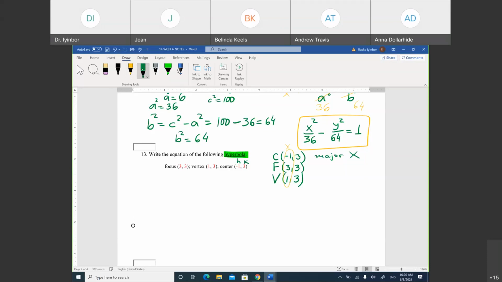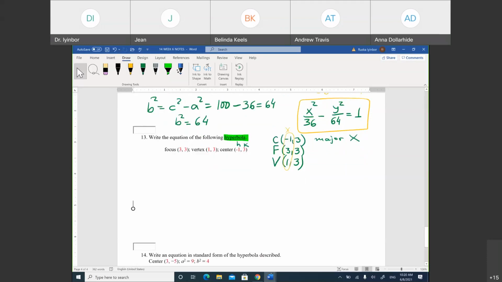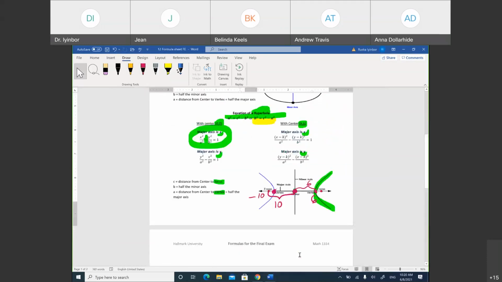So let's see which equation we're going to use. We have center H and K and major axis X, so this is the equation we're going to use. It's a little bigger equation, but we already have H and K, so it's the same idea.